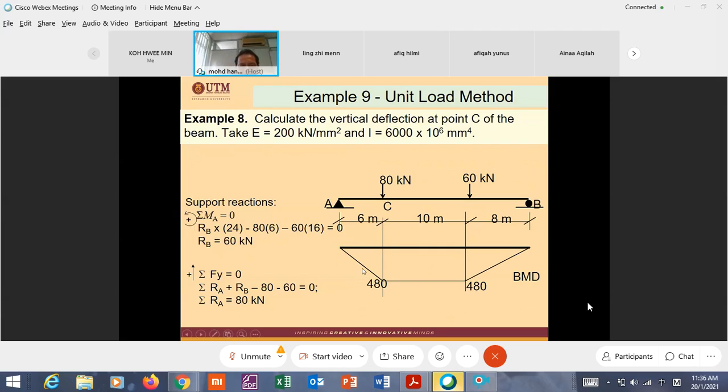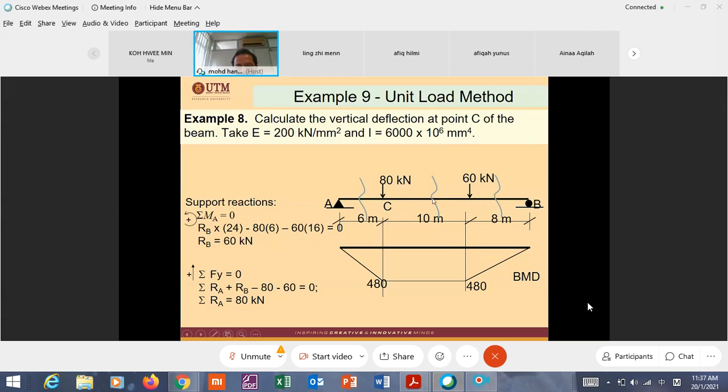This is point C. Why do we need to split into three segments? We need to develop the bending moment at this point and at this point. When you develop the bending moment equation, you can start from the left or from the right, whichever you feel is convenient, but normally we start from the left support.